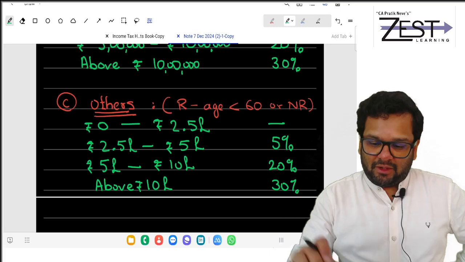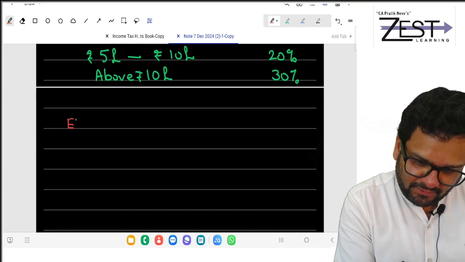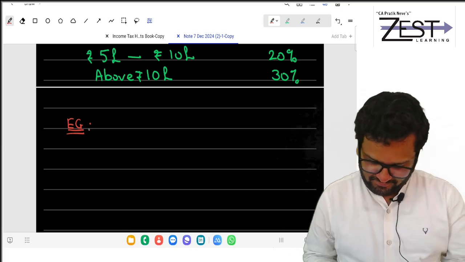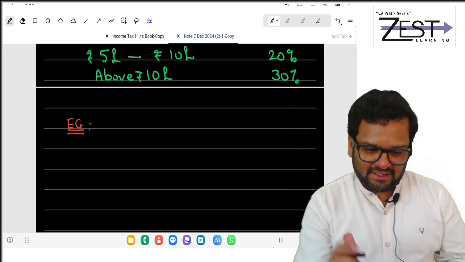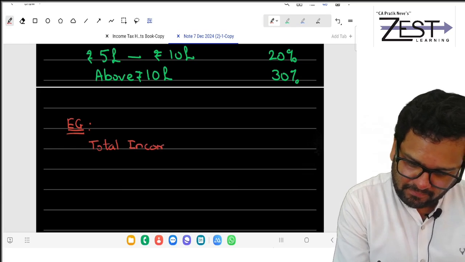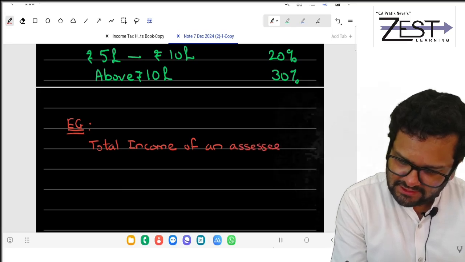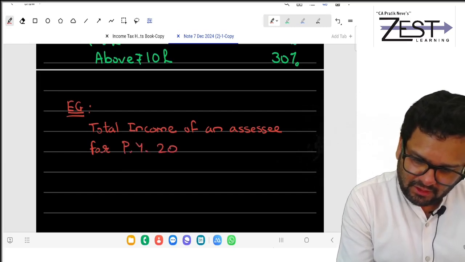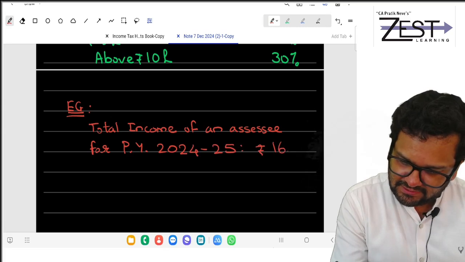Understood till this? So I will give you one example. Take one example. Total income of an assessee for PY 24-25 is rupees 16 lakhs.